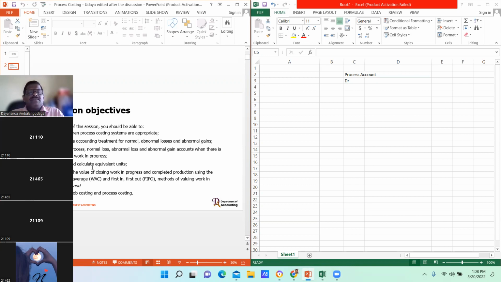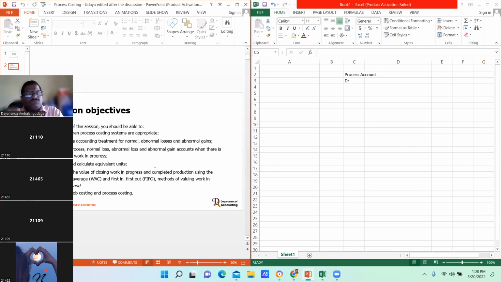Then there is another word, calculate equivalent units. We will discuss equivalent units, and we will be discussing two accounting methods: the weighted average method and the first in, first out method, WAC and FIFO.